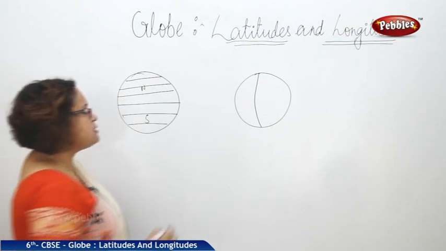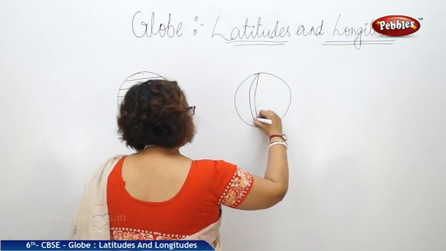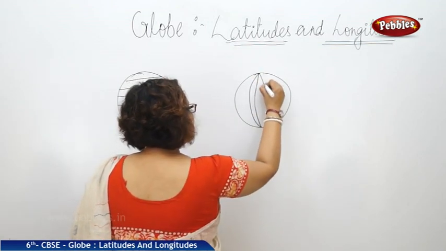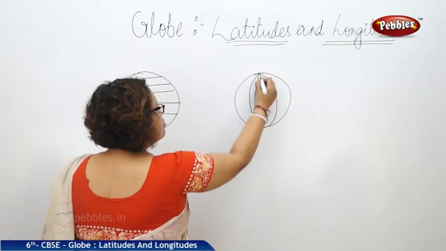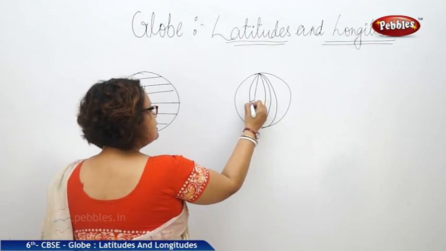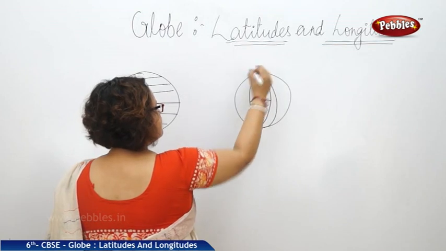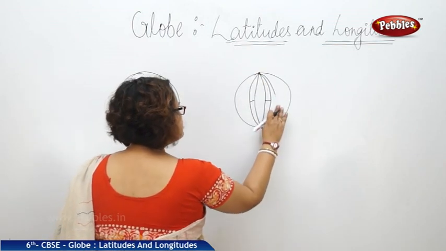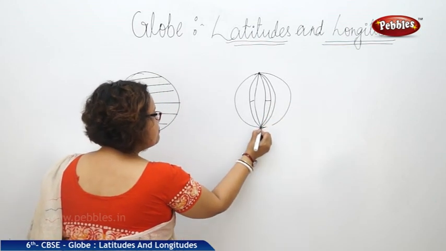The only difference is their distance is changing as they are going to the poles. If you see the lines of longitude, we can see that the distance here is more than there. All the longitudes are meeting, and their meeting point is the poles.